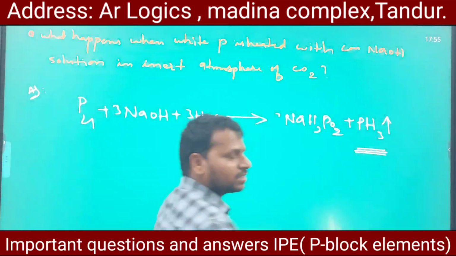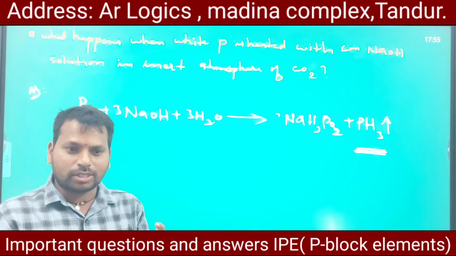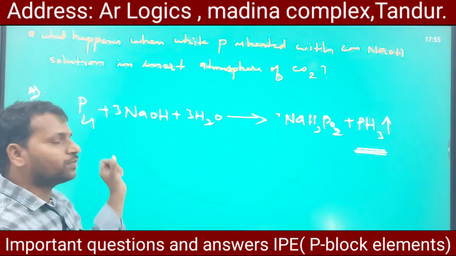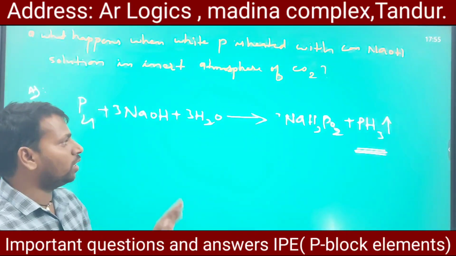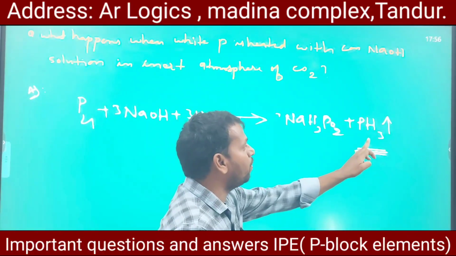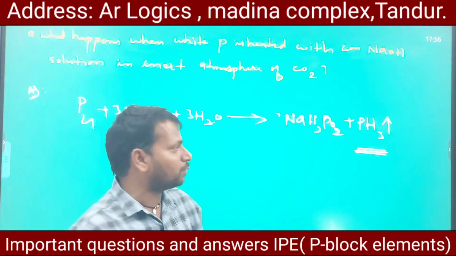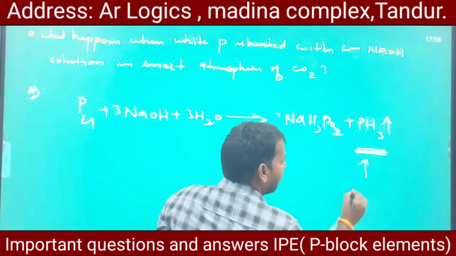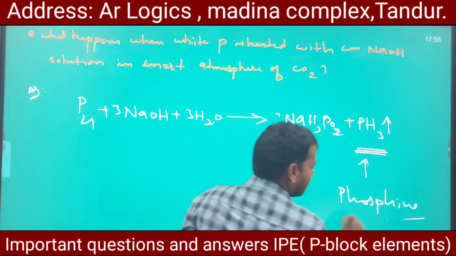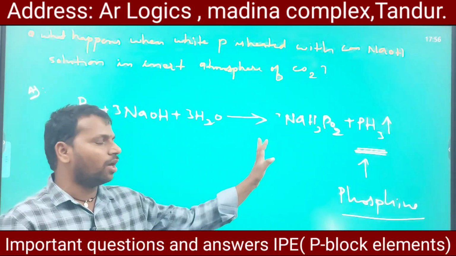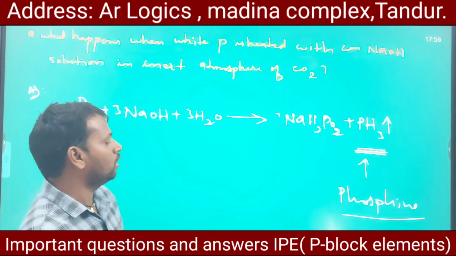When phosphorus reacts with sodium hydroxide along with water, it produces or liberates phosphine gas. Just write these words along with the reaction.